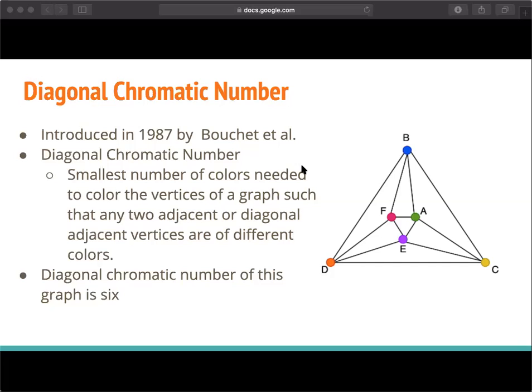Now, if we look at the vertices diagonal to B, which is just E, and how did I figure that out?